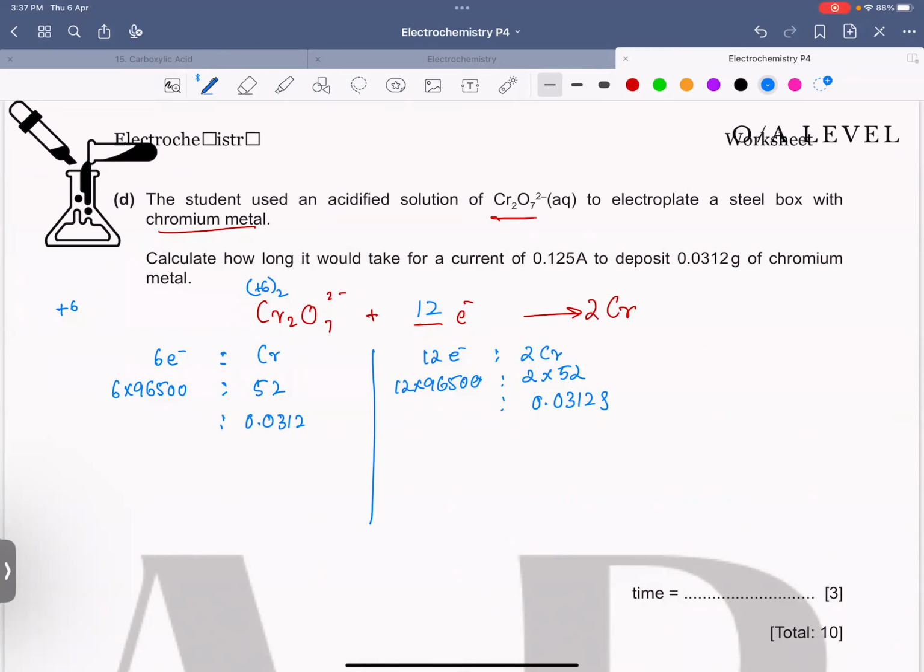Charge. So charge is equal to 0.125, that is the current, times T. You calculate the T, you get the answer. So T is equal to 6 times 96,500 into 0.0312 divided by 0.125.